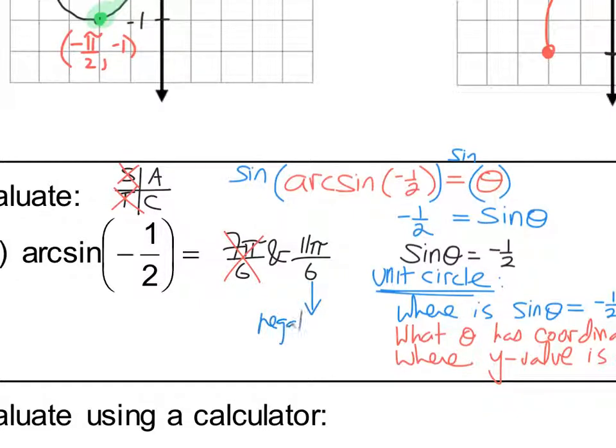So we needed a negative answer that would get us to the same place as the 11 pi over 6.